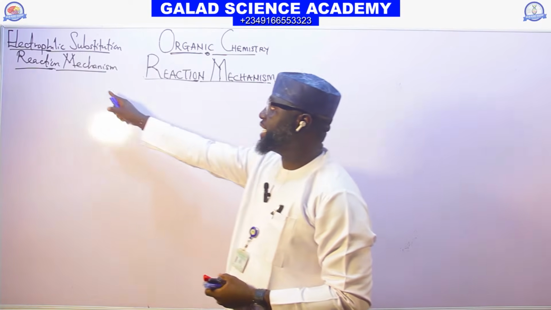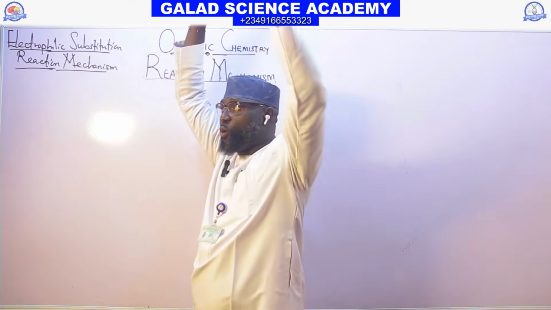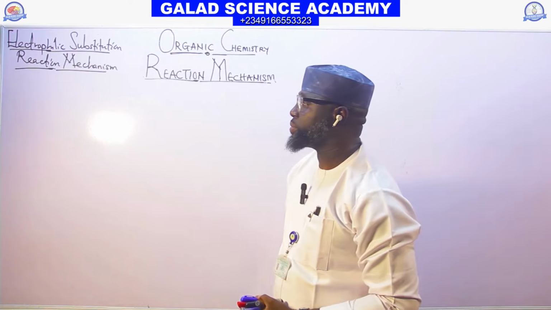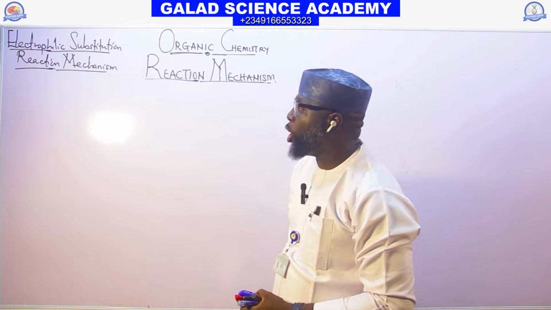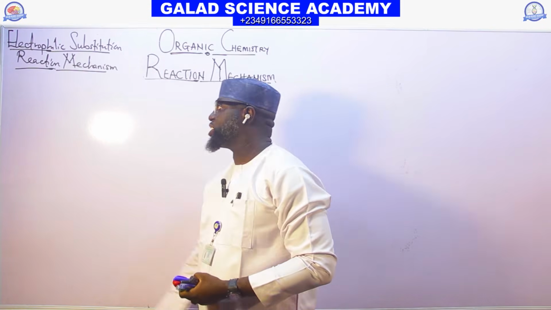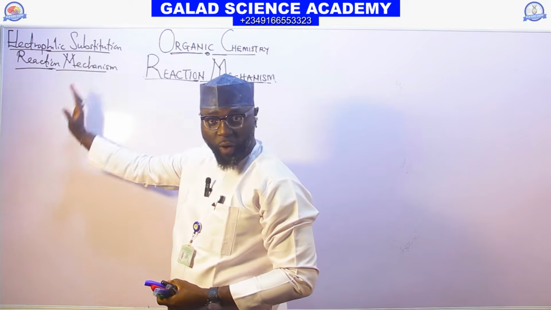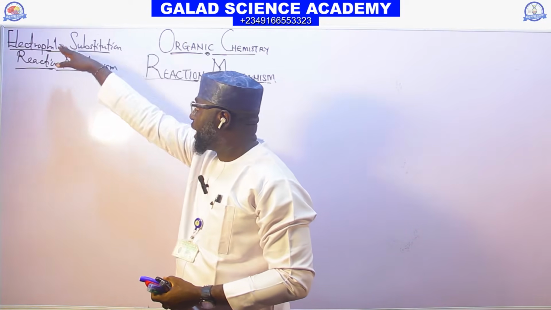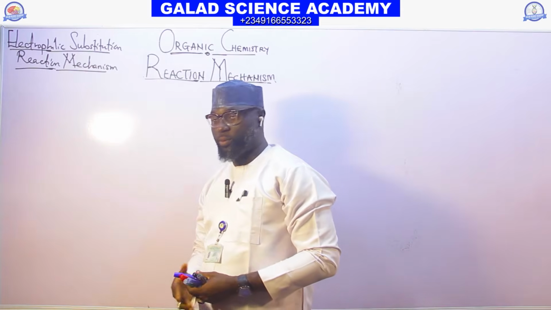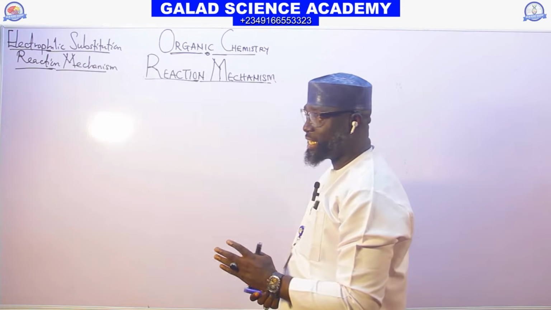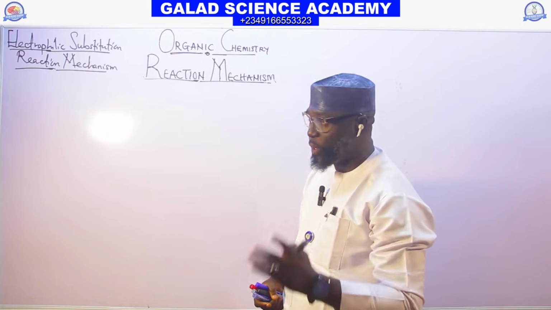The attacking reagent is the electrophile. Abi? When a substitution reaction is initiated by an electrophile, it will become an electrophilic substitution reaction. And in this case, I would like to give you two examples for it.